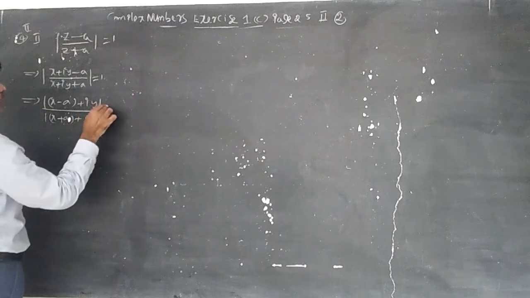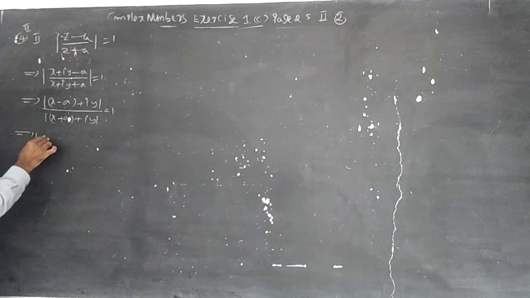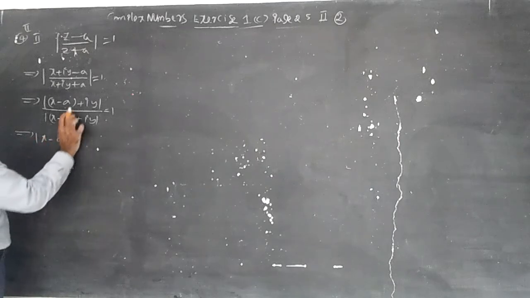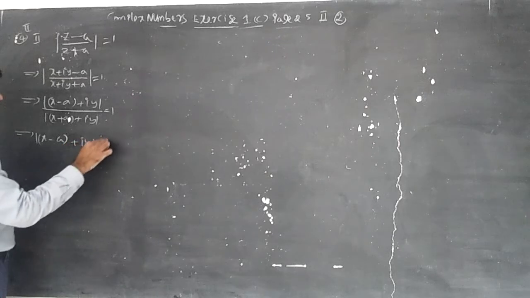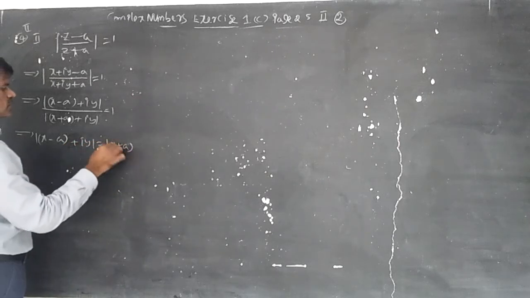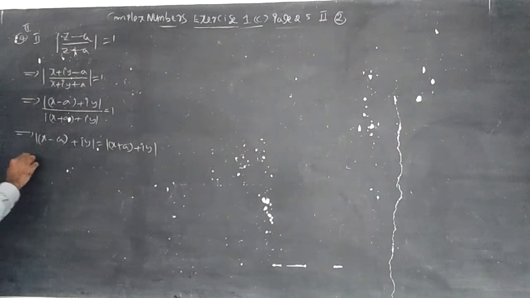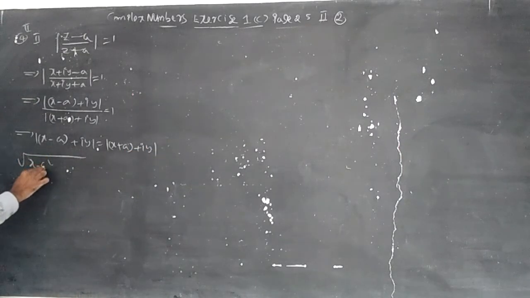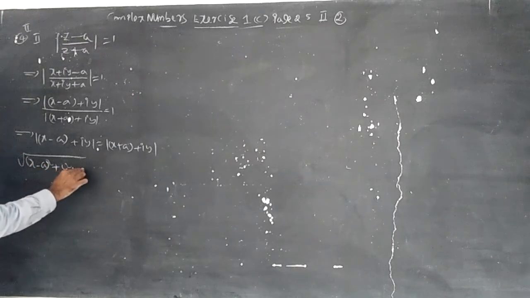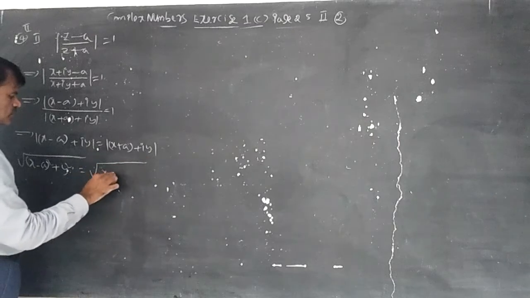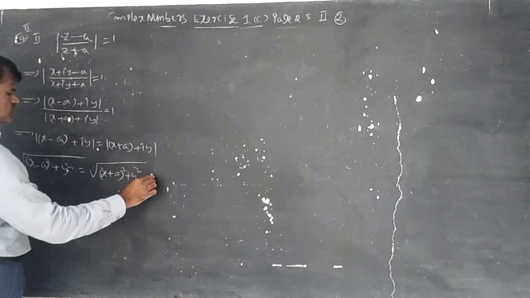Modulus of z1 by z2 is equal to mod z1 by mod z2 separately you can write. So take cross multiplication, modulus of x minus a plus iy is equal to modulus of x plus a plus iy. Modulus means root of real part whole square plus imaginary part square: root of x minus a whole square plus y square is equal to square root of x plus a whole square plus y square.